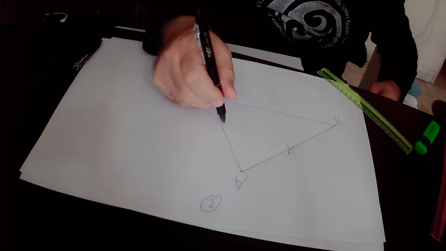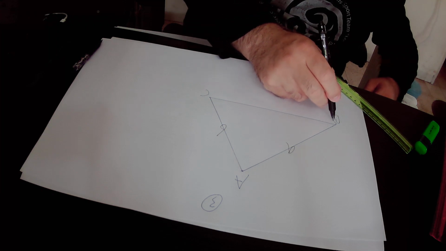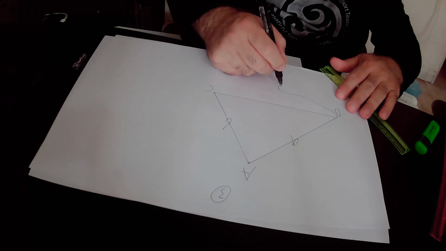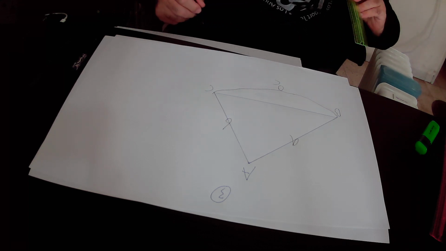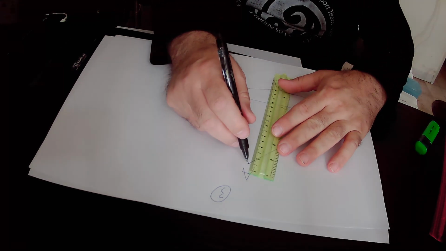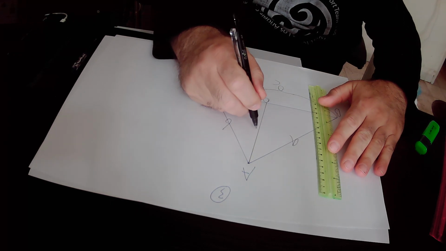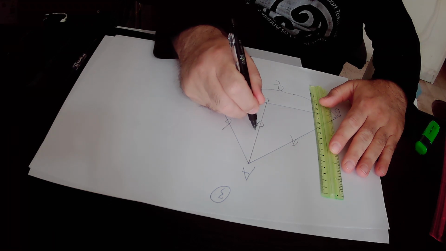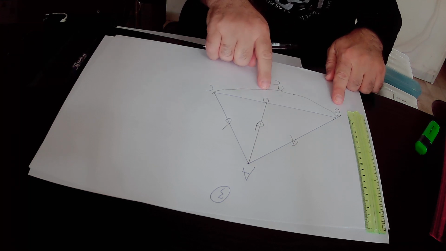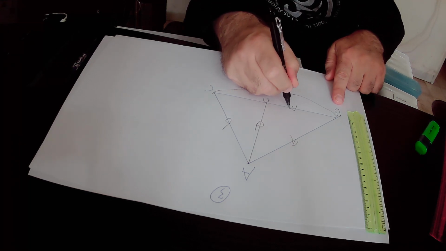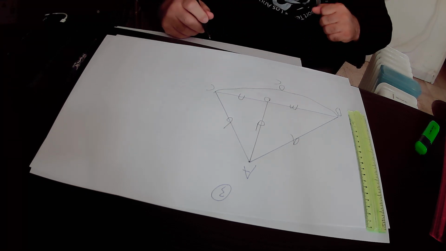Side AC equals B units in its length, and finally side BC equals C units in its length. We also have a line segment AO that is equal to D units in its length. We also know that line segment BO equals M units, and line segment OC equals N units in its length. Okay?